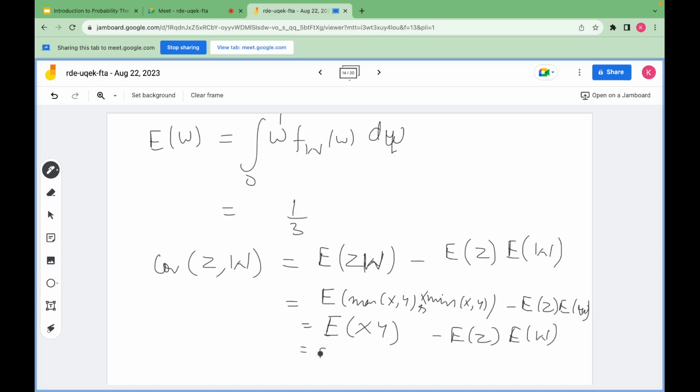These are independent events, so expectation of x is 1 by 2, expectation of y is 1 by 2.